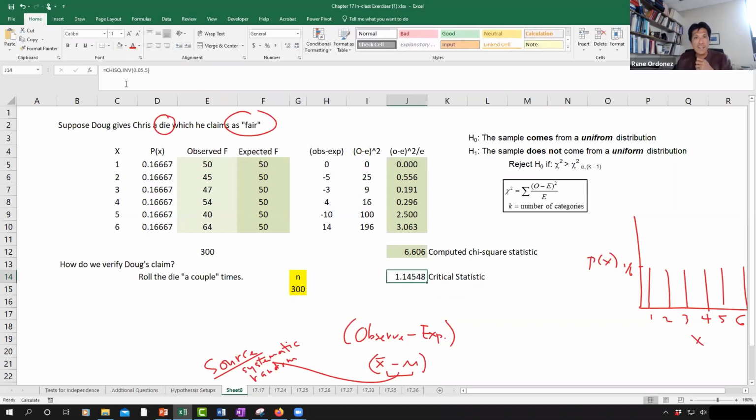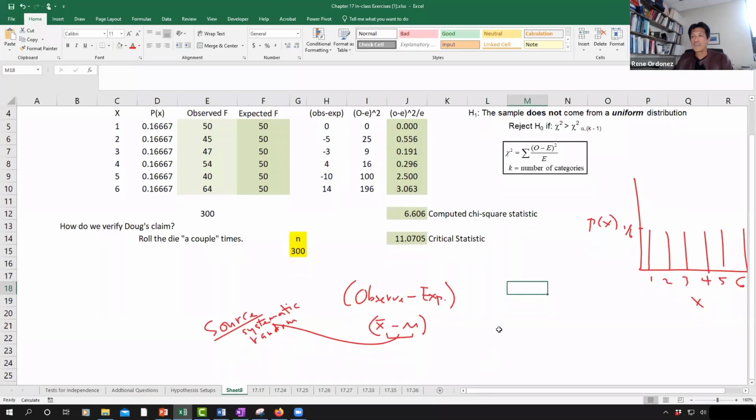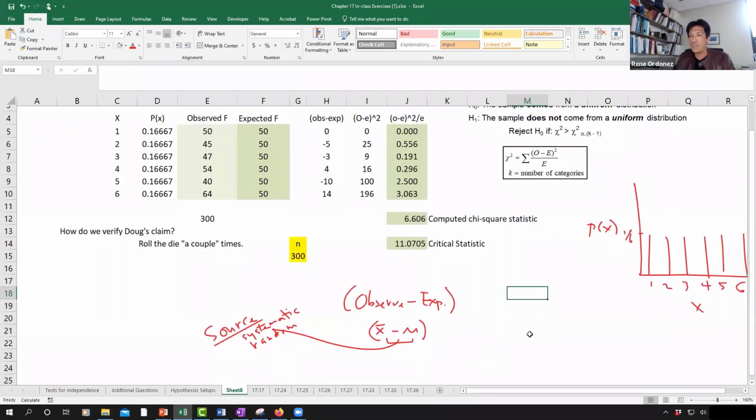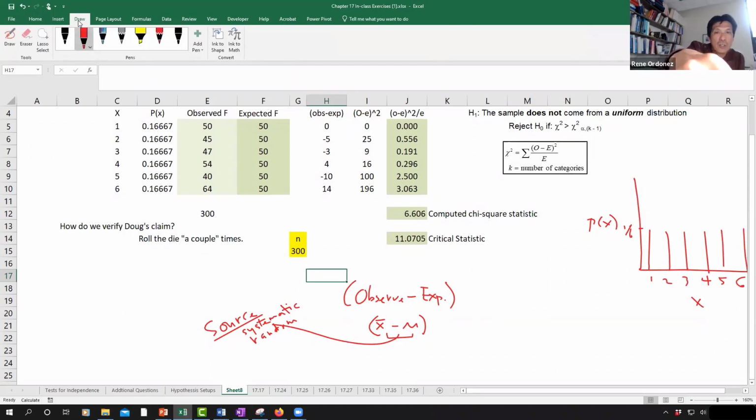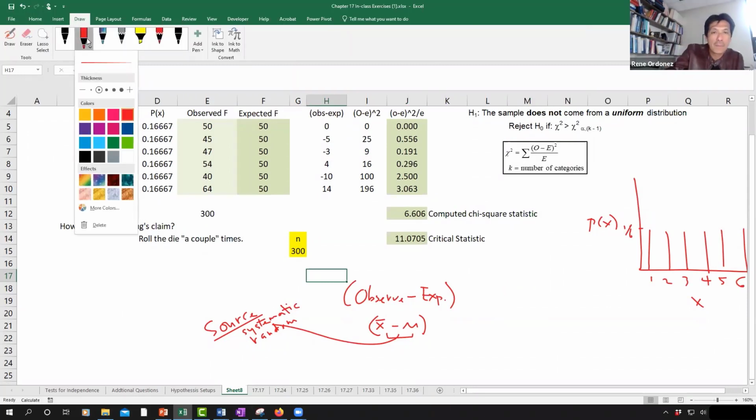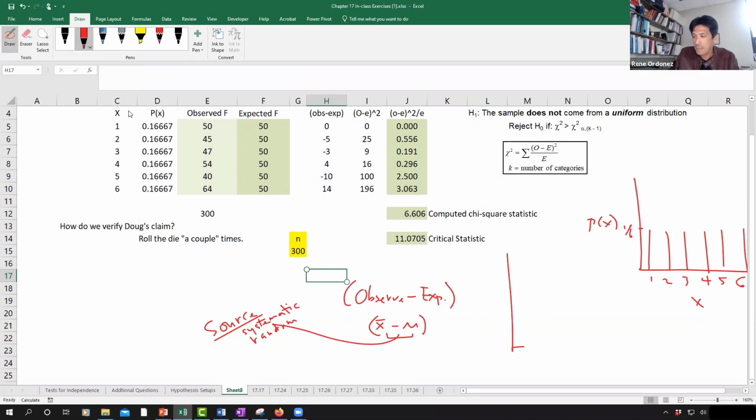Oh, okay. Now this one has got to be a right-tailed test. So instead of 0.05, this should be 0.95. Okay, so let's draw our distribution. The distribution shows this. This is 0.05.